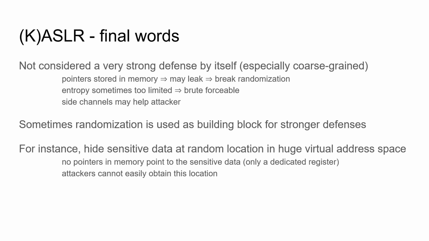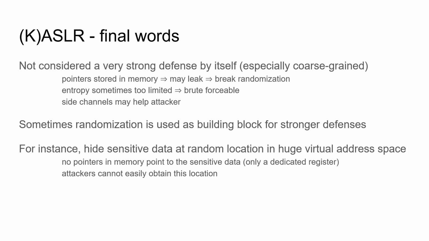For instance, you may have some sensitive data that you use for your strong defense, your shadow stack, that is hidden by means of randomization, by having some small amount of sensitive data at a random location in a huge address space. And as long as there are no pointers in memory that point to this sensitive data, you only use a dedicated register for this, it becomes difficult for an attacker to obtain this location.